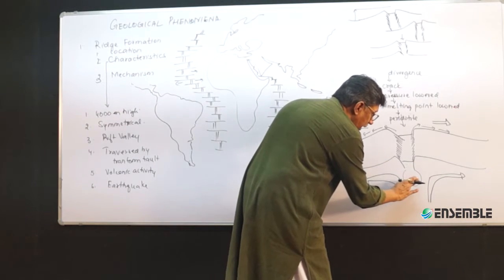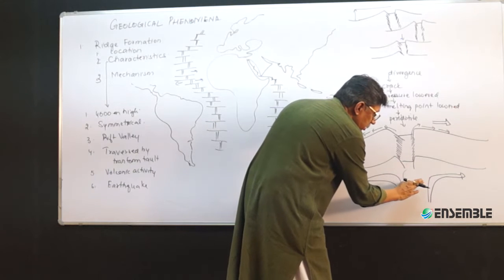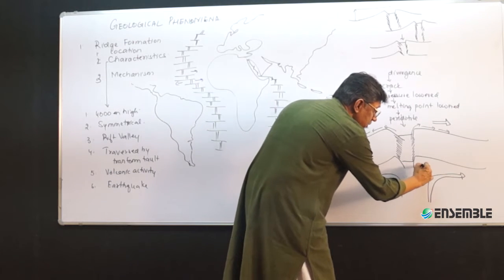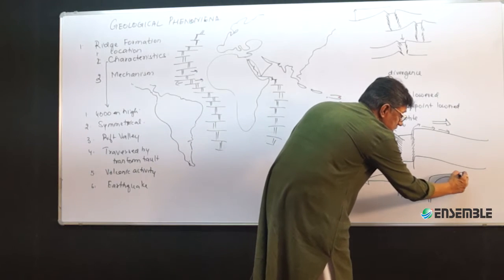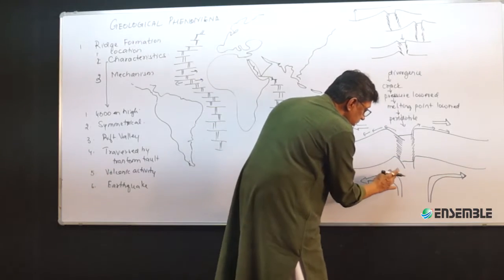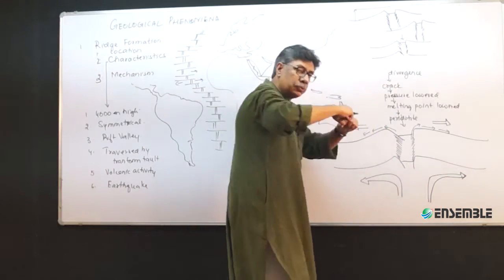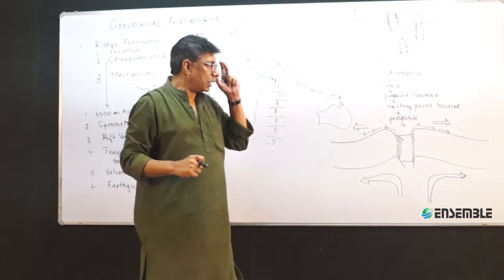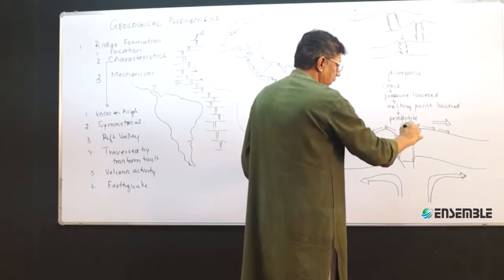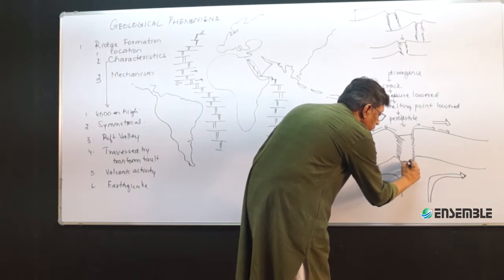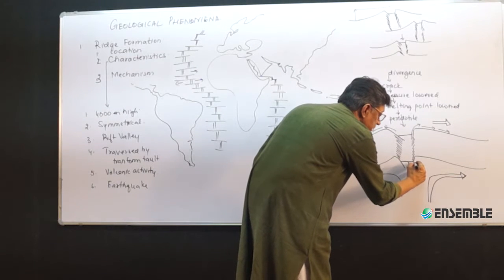Now understand this in another way. Such a divergence has taken place in this case. This divergence causes the two plates to crack apart, and when they move apart, the central portion sinks and subsides.